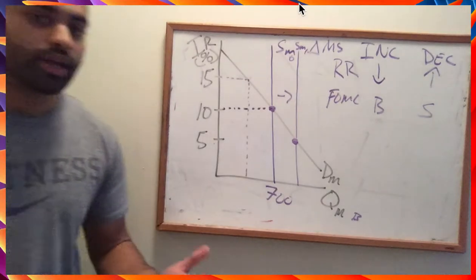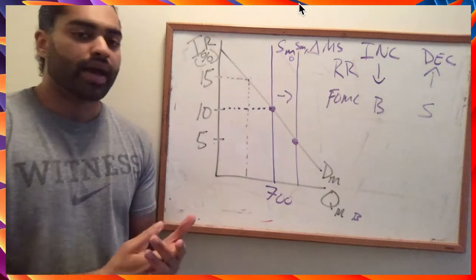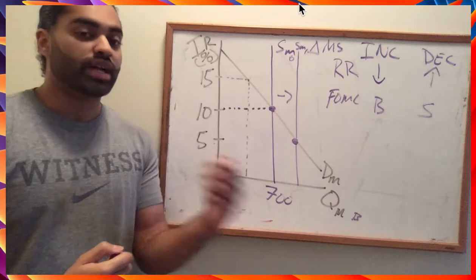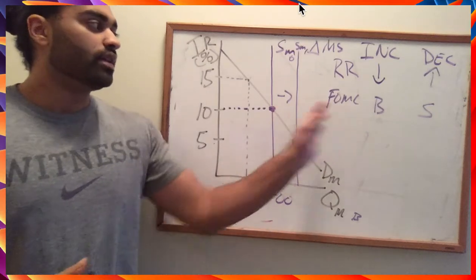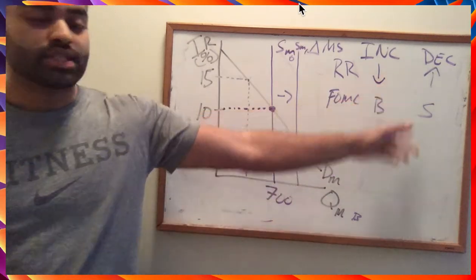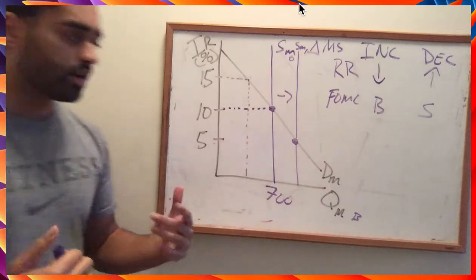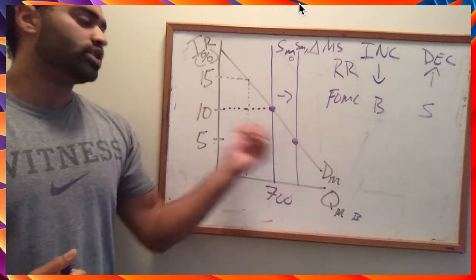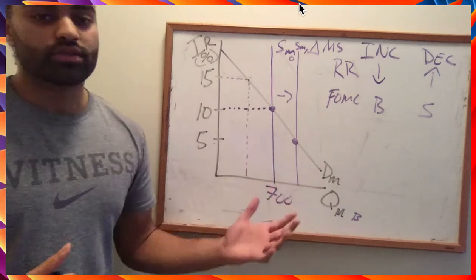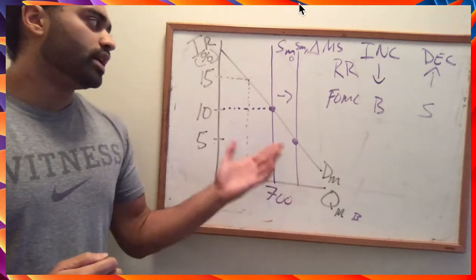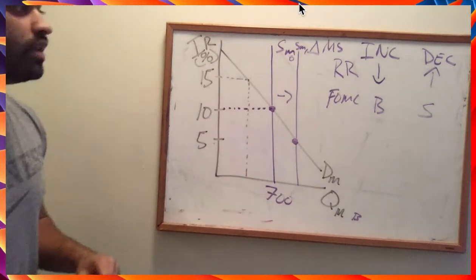If we want to increase the money supply, we're buying back bonds that we already issued. We're injecting money into the economy. So again, this would be a rightward shift. If we sell bonds, if we want to get money out of the economy, it's going to shift to the left. Again, we're saying there's too much money in circulation. We want to scale back. That's something we would do.